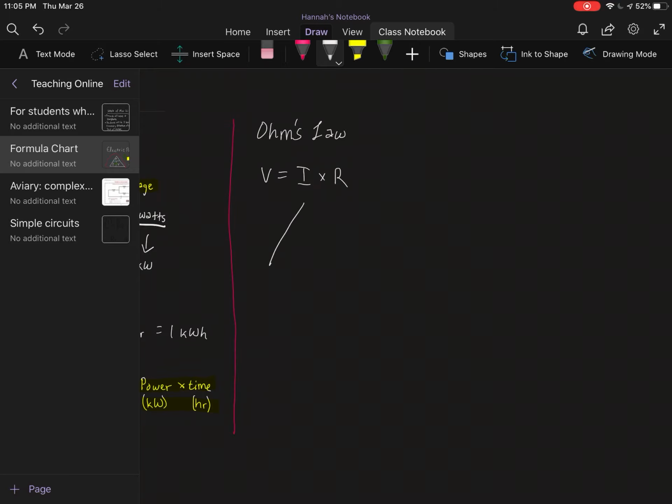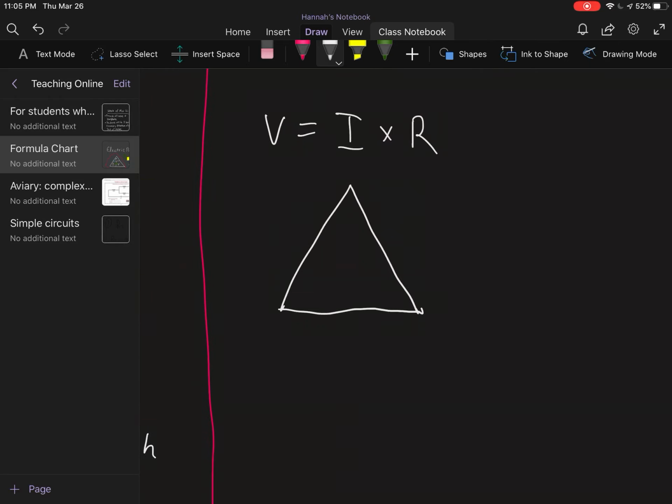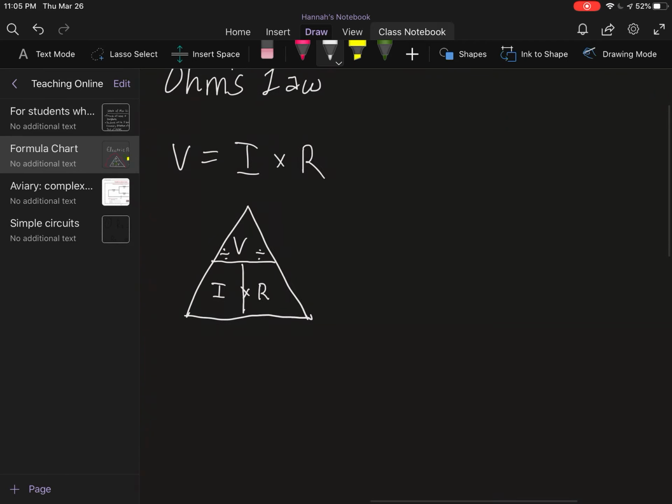All right, so we do have another glorious triangle. Our voltage is equal to current times resistance. And of course, if they're one on top of the other, you divide. Okay, so we can derive our other two equations besides V is equal to I times R from this triangle.